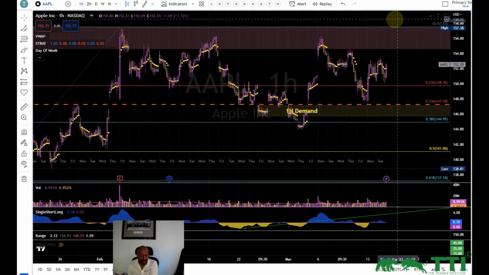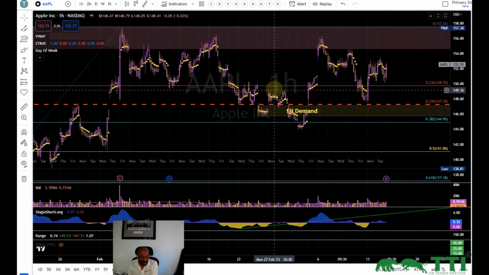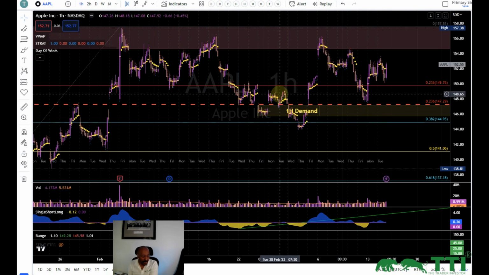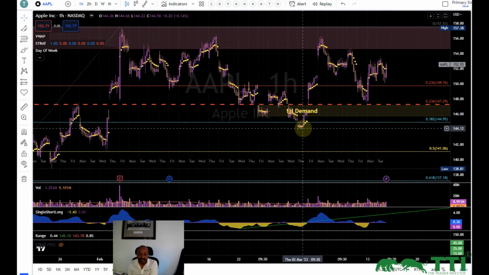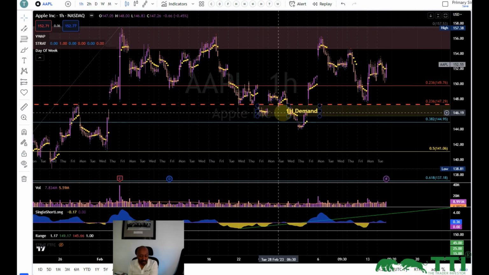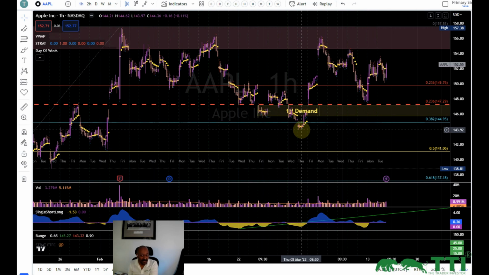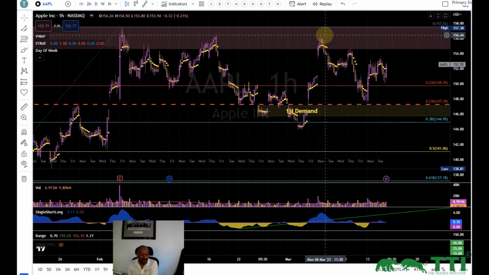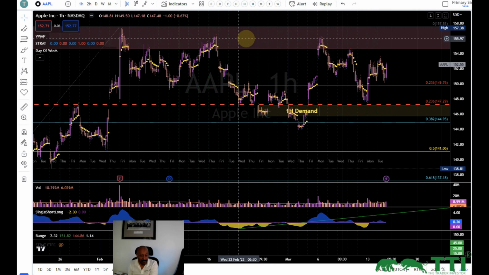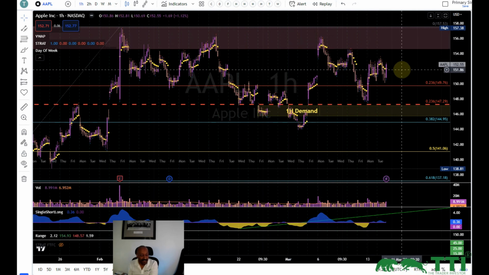That's what I would have liked to see, instead of taking the trade somewhere up here. And then we formed a demand zone, and then we blew through that demand zone, and then we went up. But even when we went up, we still made lower highs. So the market is not yet done making lower highs.